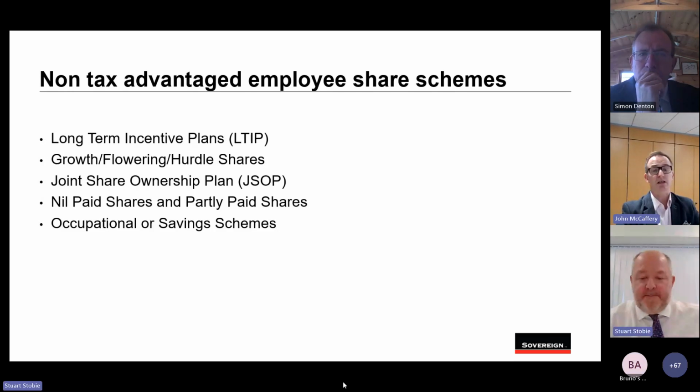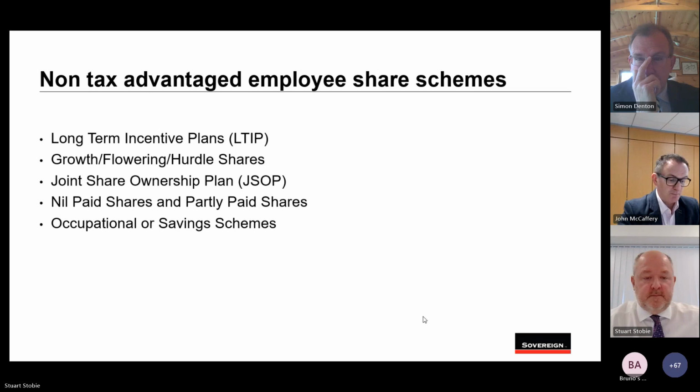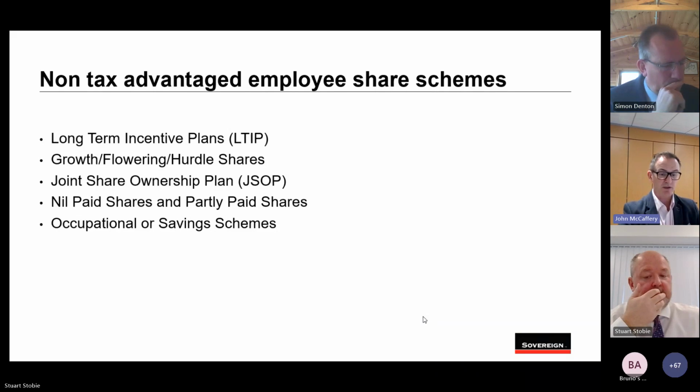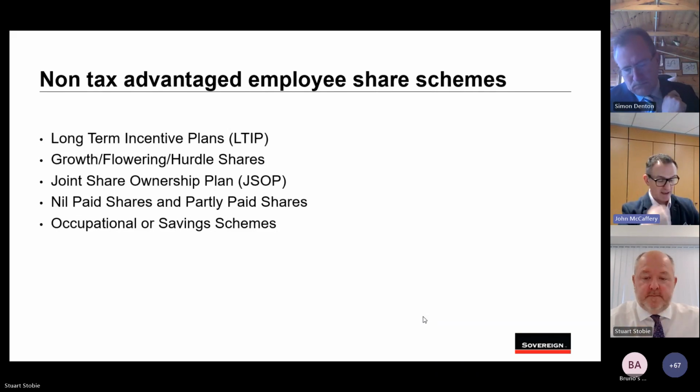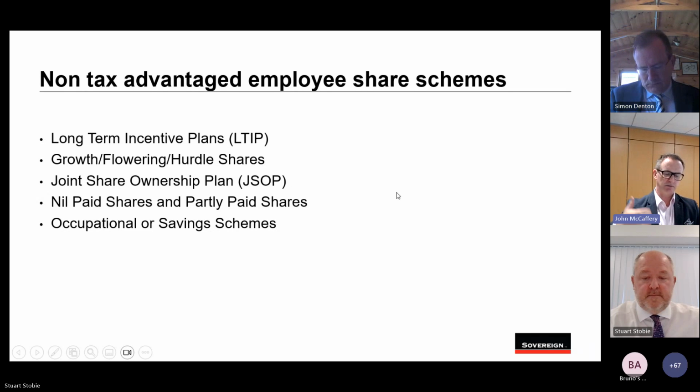So a growth scheme actually can be quite tax advantageous. It's a way of incentivizing people: if you've got key employees or directors in a company, or even more broadly than that, you could consider just giving them shares.